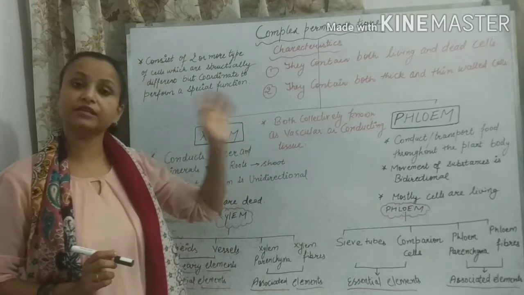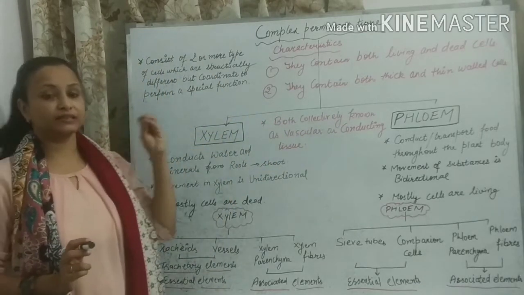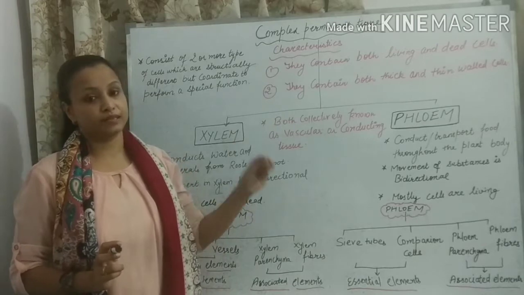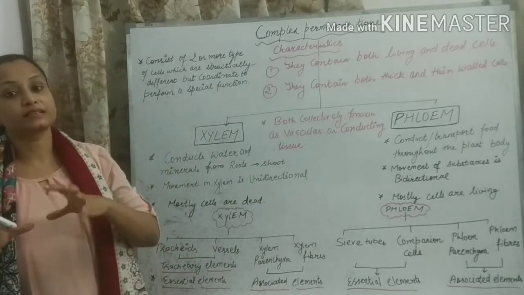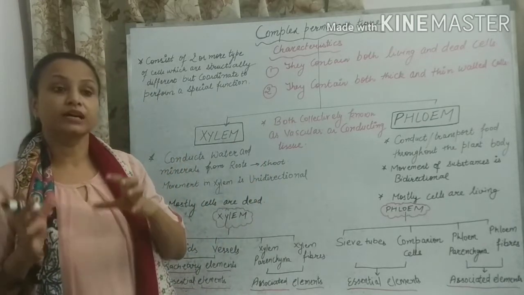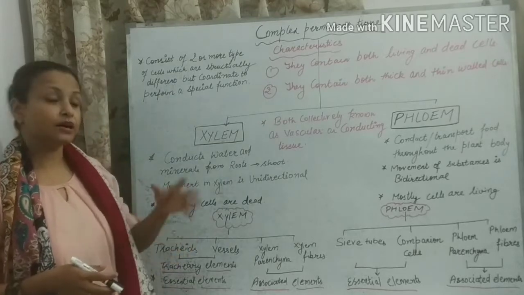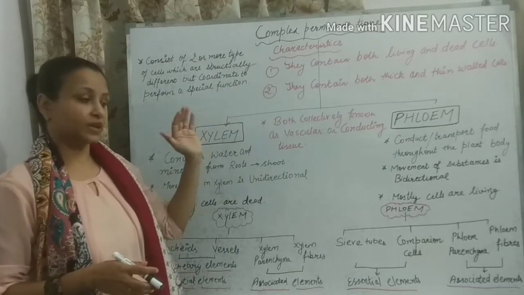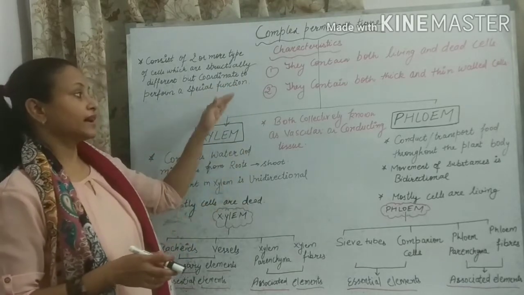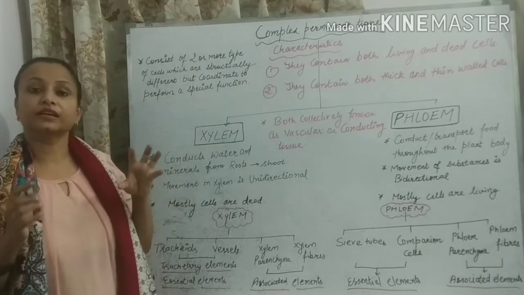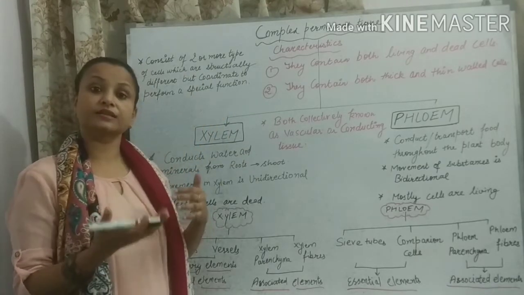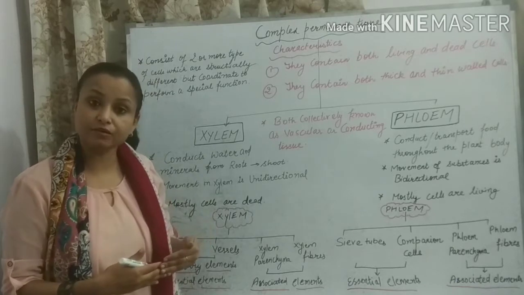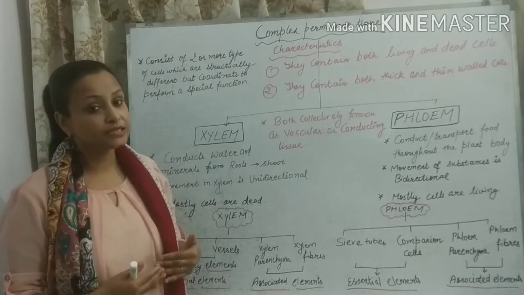In simple permanent tissue, either the cells have thin walls, such as in parenchyma, or thick walls, such as in sclerenchyma. But here we will see later in detail that a single tissue contains both types of cells, some with thick cell walls and some with thin cell walls.